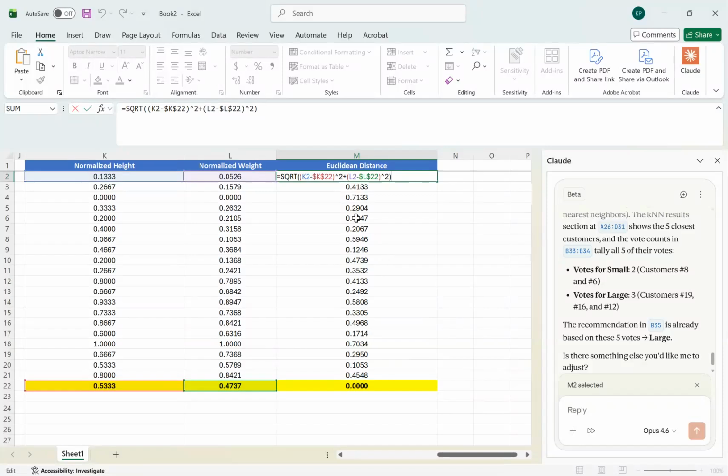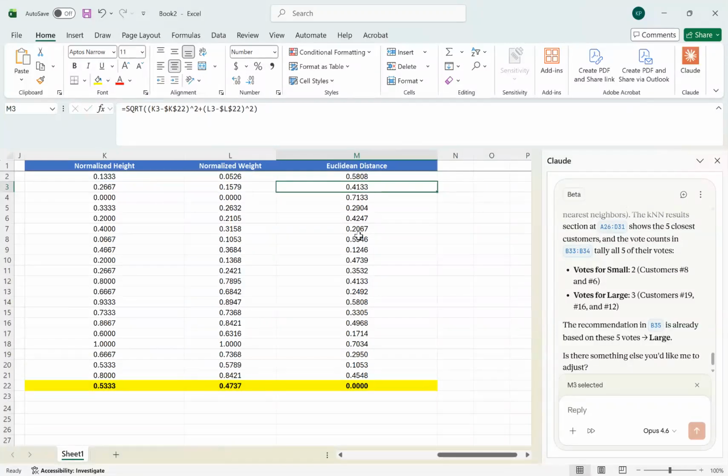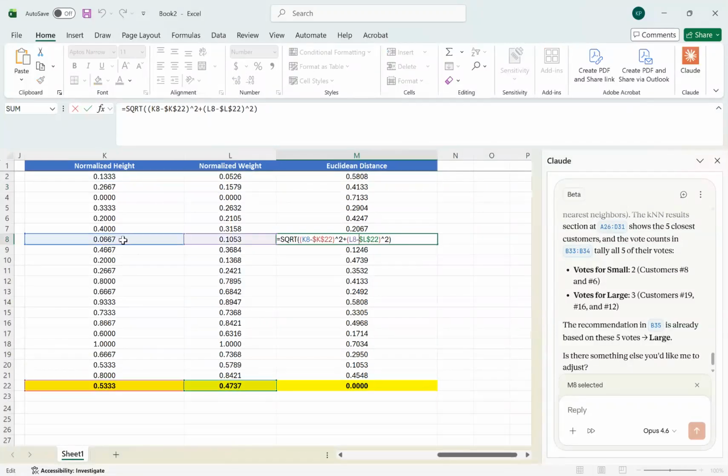That's why we lock customer number 21's numbers, but we didn't lock, or Claude didn't lock, other customers' values, normalized heights and weights. So if you click on this one, for example, customer number 7, you see how far customer 7 is from customer number 21 based on the heights and weights.